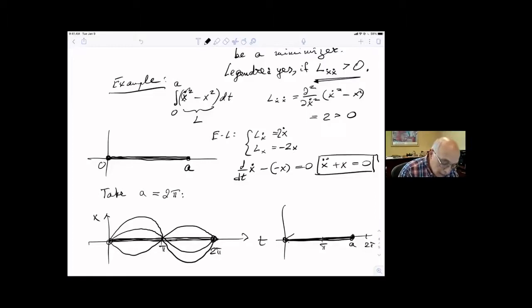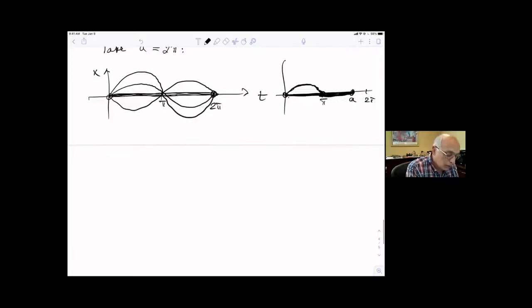For example, I can take a solution like this and then go straight, and this actually turns out to be the same length, but if I smooth it a little bit, then it gets shorter. So in other words, it's not a minimizer of this integral. So the Legendre condition is necessary, but not sufficient.